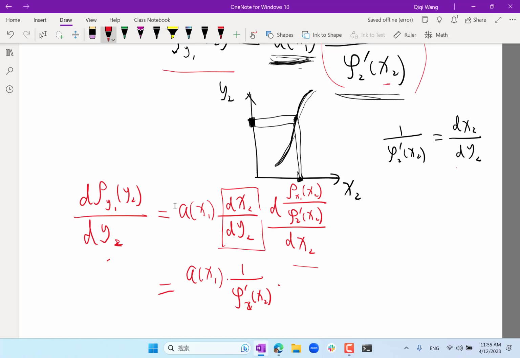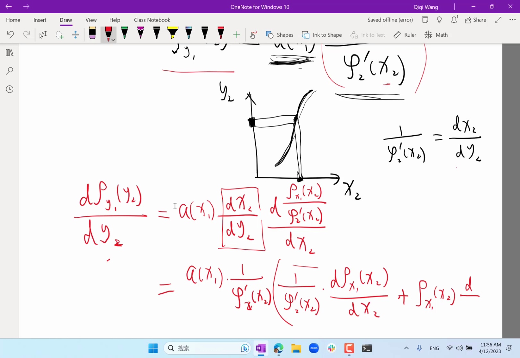One term is 1 over another phi prime times the fractional derivative of x. Okay, and the other term is the density itself times the derivative of 1 over phi prime.